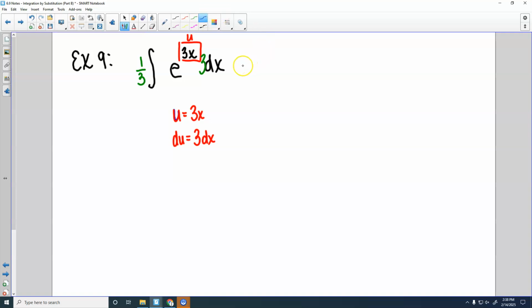And if we replace our 3 dx with our du and our 3x with our u, we will get 1/3 integral of e to the u du. What is the integral of e to the u? E to the u.